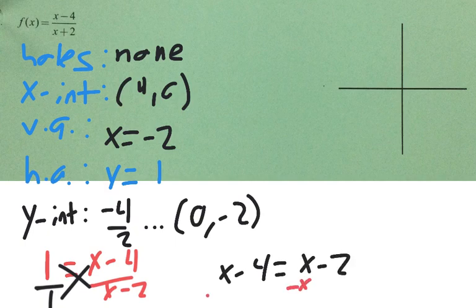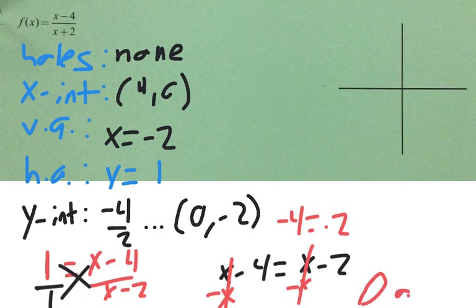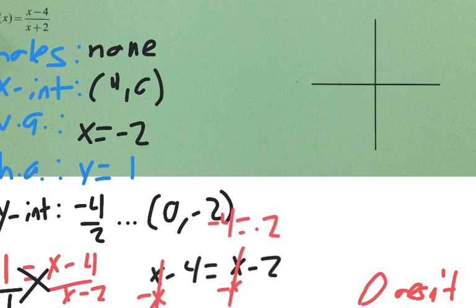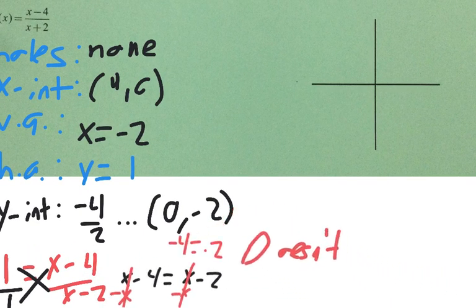If I get my x's on the same side, they cancel, and I'm left with nonsense. So because I have nonsense, I know it doesn't cross the horizontal asymptote. So now I really have all the stuff I need in order to graph this.